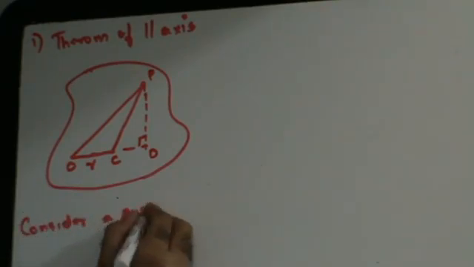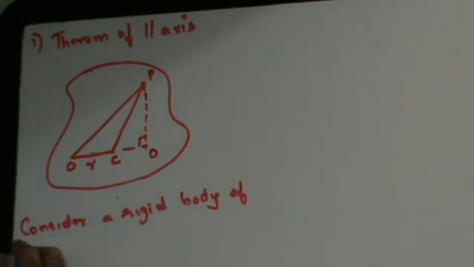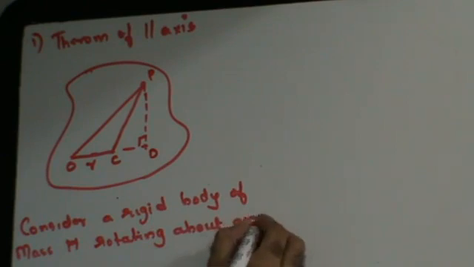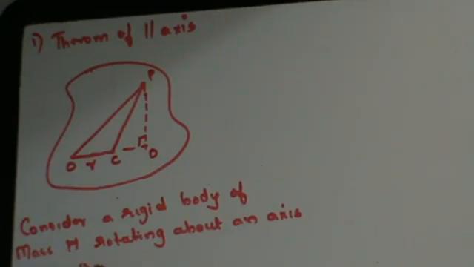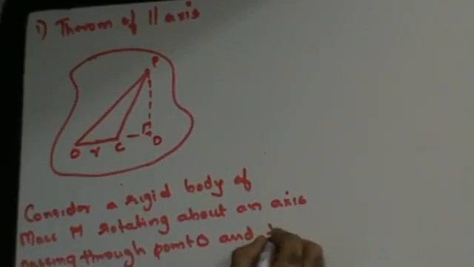Let's write them down. Consider a rigid body of mass m rotating about an axis passing through point O and perpendicular to the plane.